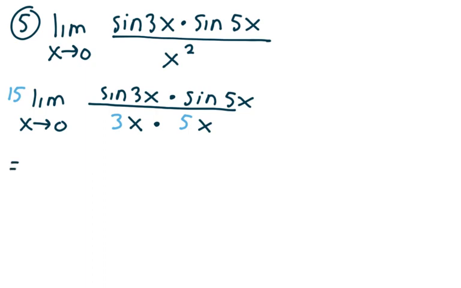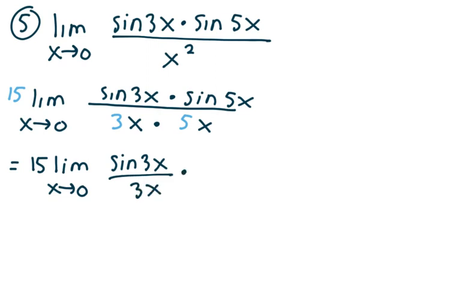And so this is the limit. Well, let's put a 15 there first, right? So we're going to put 15 times the limit as x goes to 0. Now, we get sine 3x divided by 3x times sine 5x divided by 5x.